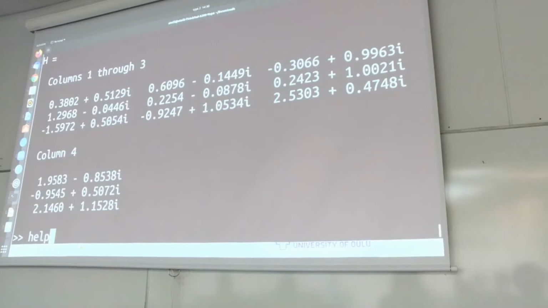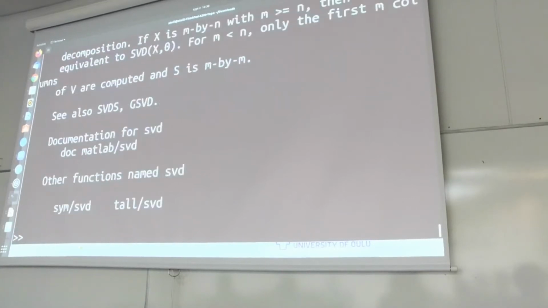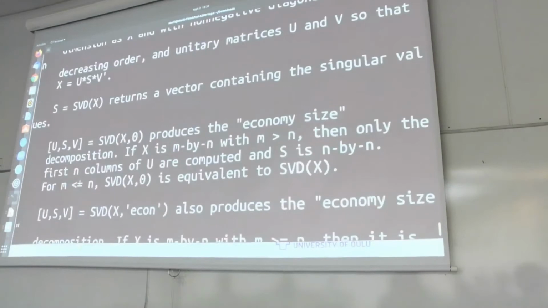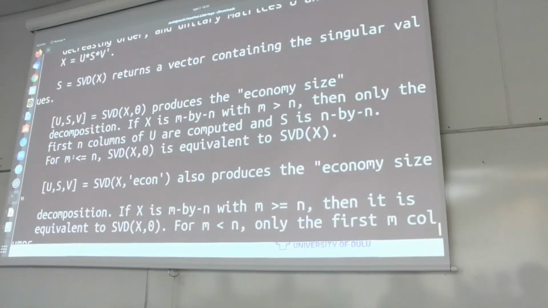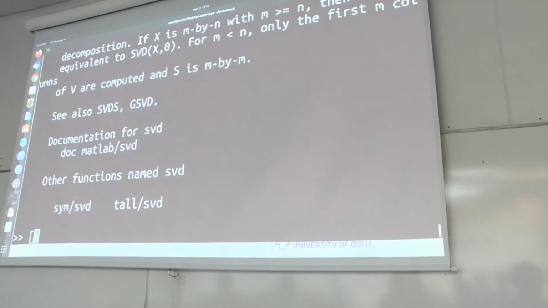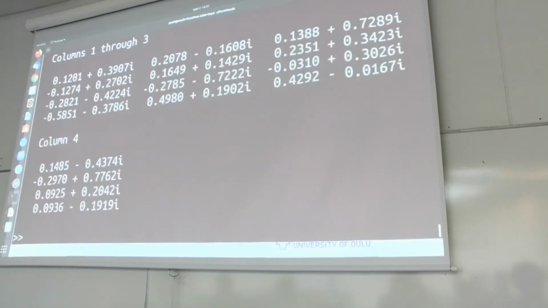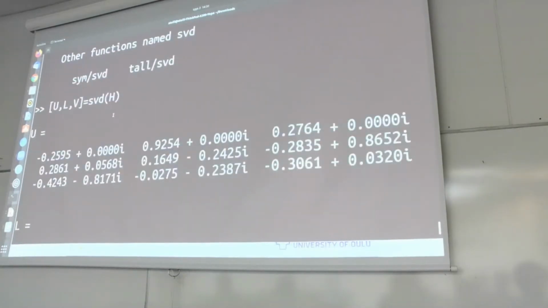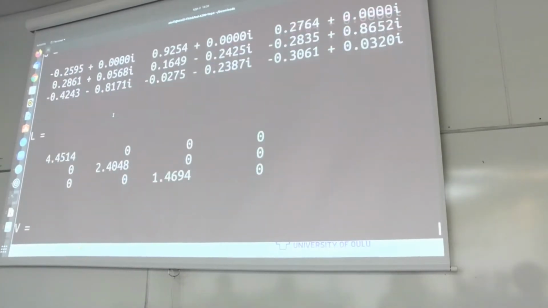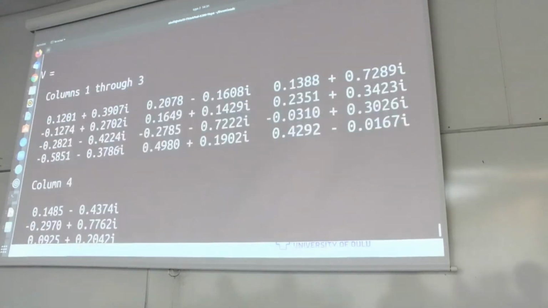Okay, then we can check how the SVD works. Just define U, Lambda, V to be the SVD of H. So we get the U matrix, which is 3 by 3, the Lambda matrix, which has now 3 non-zero singular values, and then the V matrix is 4 by 4.